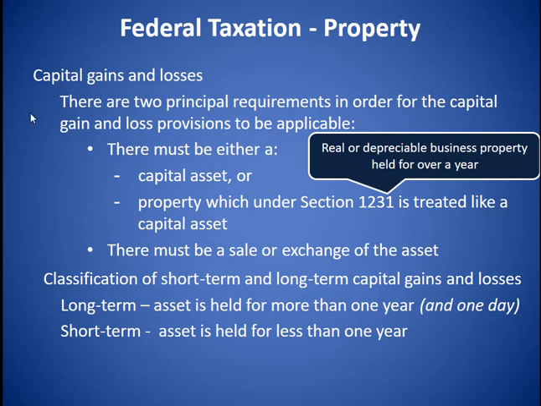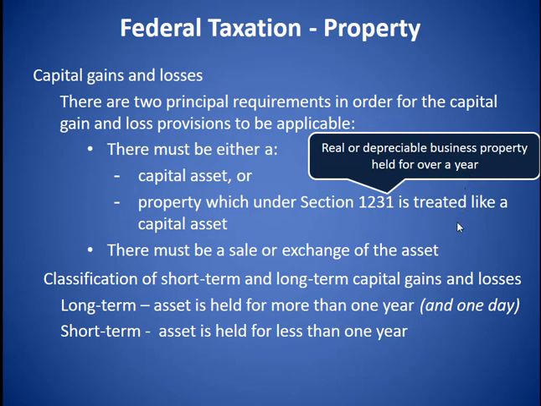Number one, the item must either be a capital asset, such as Dale and Mary's home we just did in the previous slide, or it has to be property under what we call Section 1231. Under Section 1231, depreciable business property, real or depreciable, held for over a year is basically treated like a capital asset.